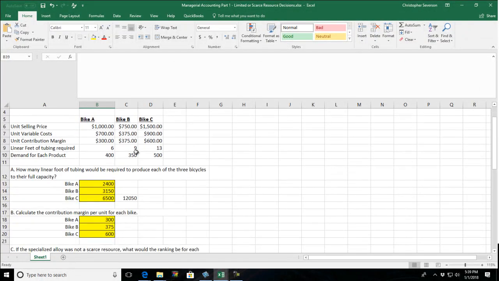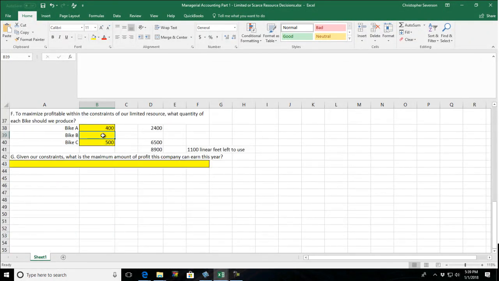If we go to bike B, it takes 9 linear feet. So what we basically need to do is take 1,100 divided by 9 to figure out how many we can actually produce. Now in many cases it could give you a number with a decimal or a fraction, but we don't really need the fraction. We have to drop it off. We always have to round it down because we can only produce 122 bikes. We're not going to start on a bike and complete it halfway.